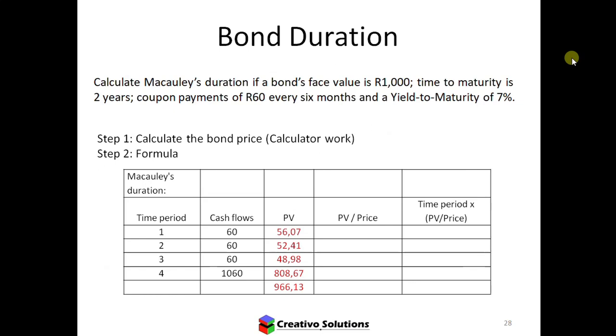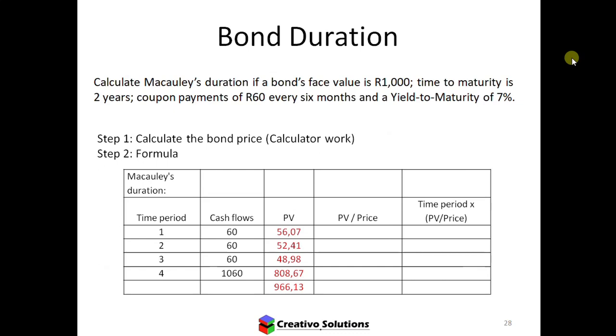Right, so if I'm looking at Macaulay's duration, I've given you different steps here so you can see all the steps when you're going through these notes. When I'm looking at Macaulay's duration, I'm going to be focusing on the time period. That time period could be anything, right? Obviously, it'll be cash flows over a period of time, and then I'm going to be discounting those future cash flows back in time to determine the present value.